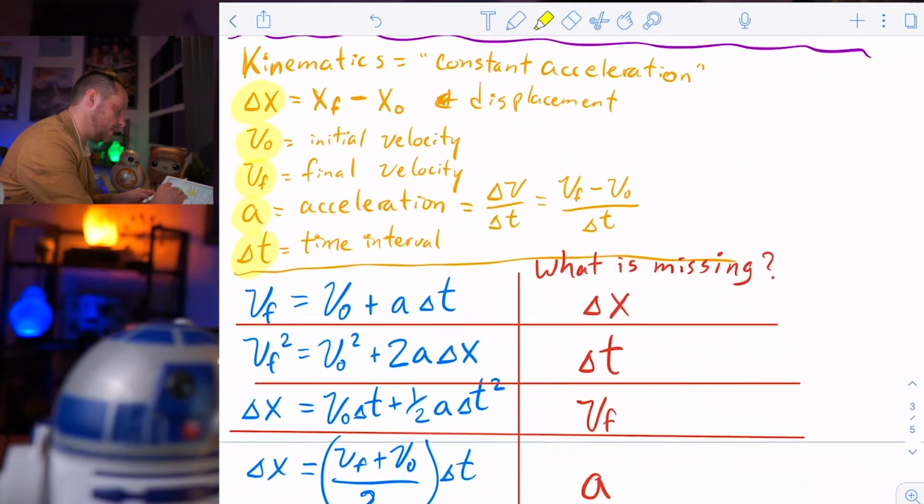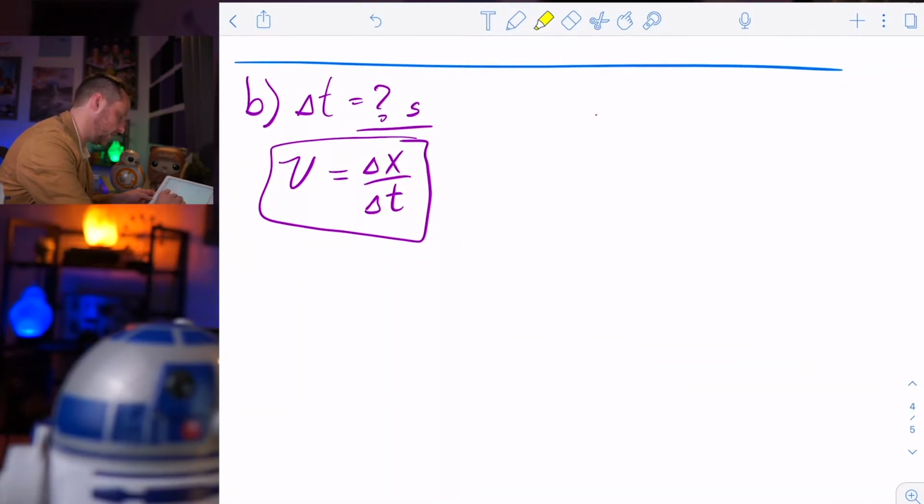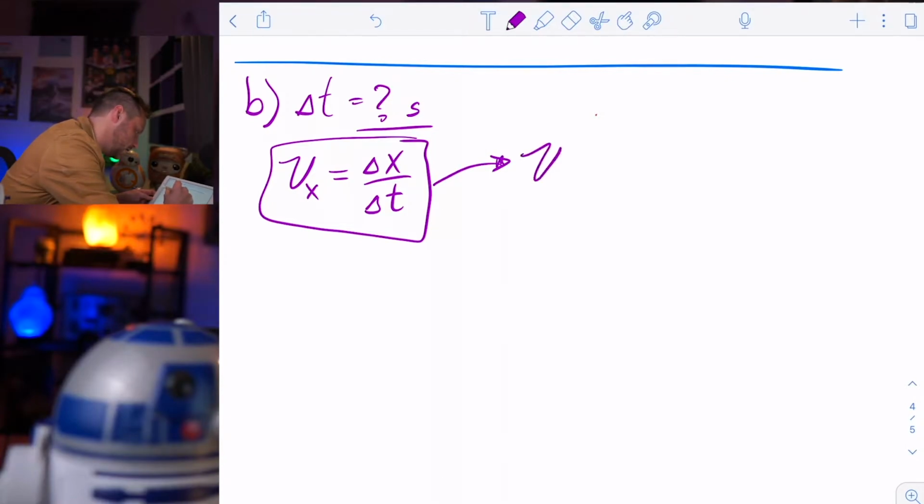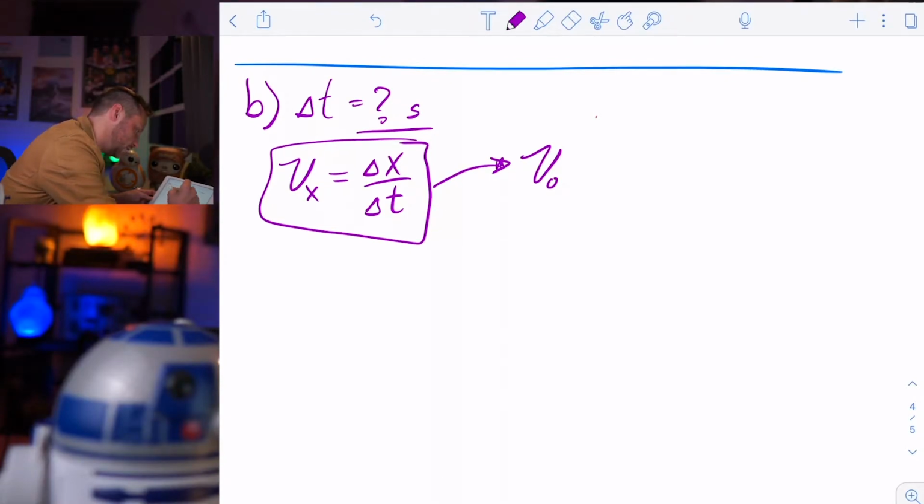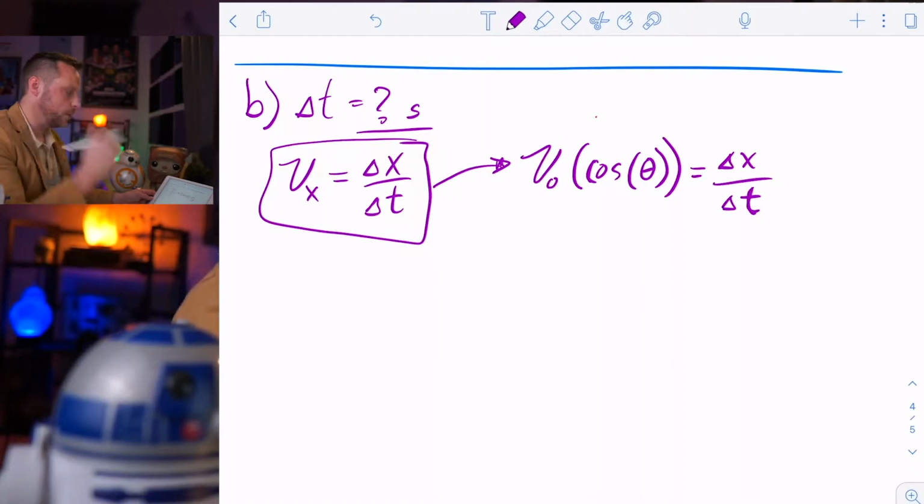And that's all we need, folks, to get the time, because here is our horizontal velocity, v sub x, and that is going to be the initial velocity times cosine of the launch angle, and then displacement over change in time. And we know everything to plug in here.